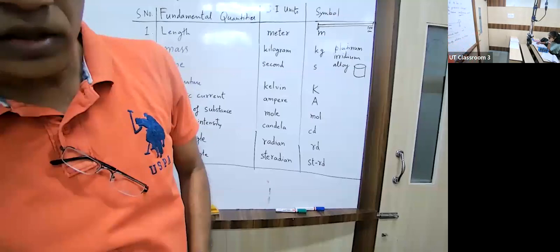What does this mean? So this is what we'll understand. So let us say a group of 4 people are traveling in a car. So the fellow passengers in the car are at rest with respect to each other.